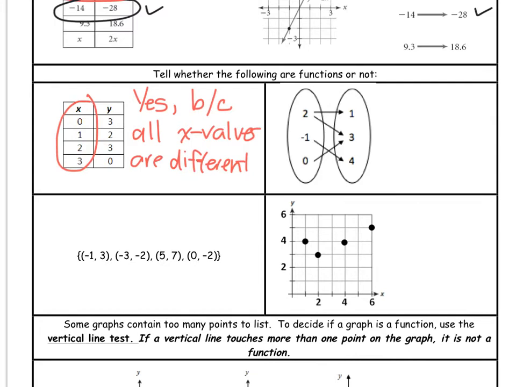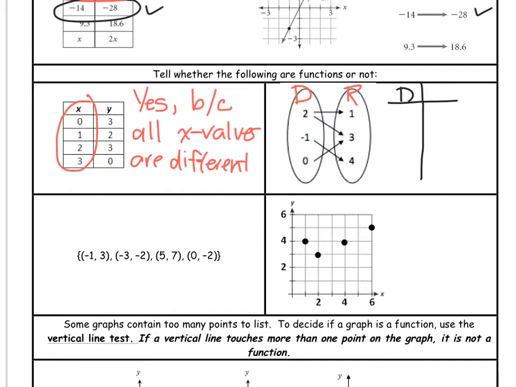When we're looking at a mapping diagram, like this one over here, we have to determine if all the x values are unique. This is our domain, and this is our range. But before we do that, we can't just look at this list of numbers here. It's easiest to write them as a set of ordered pairs. You can write it in a table, or you can write it with brackets.